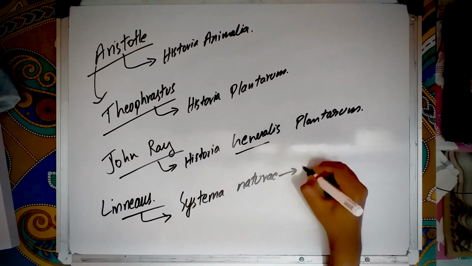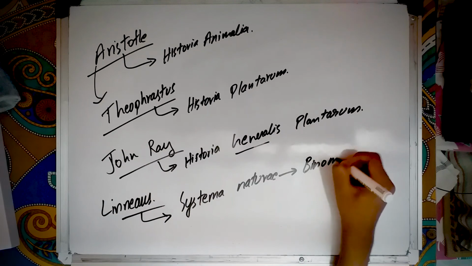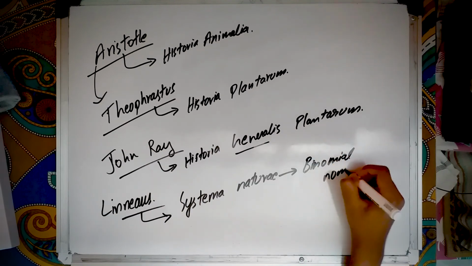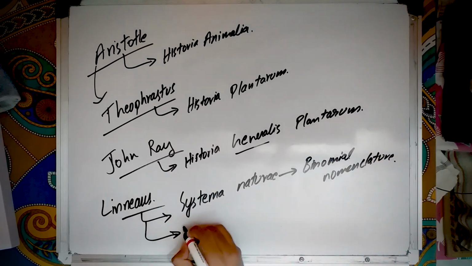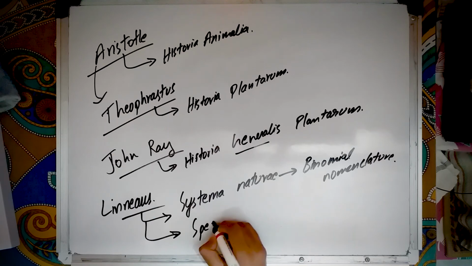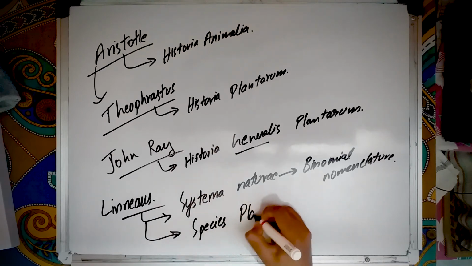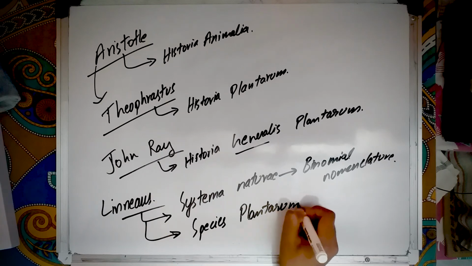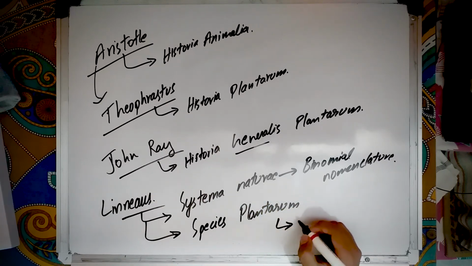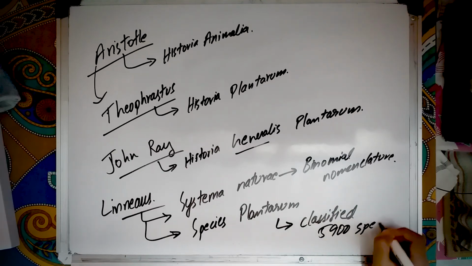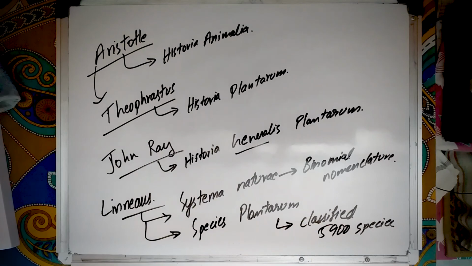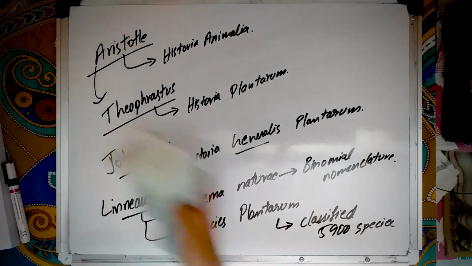This book included the binomial nomenclature. Also, he wrote about Species Plantarum. In this book, he classified 5,900 species. Please note them down. These are important.